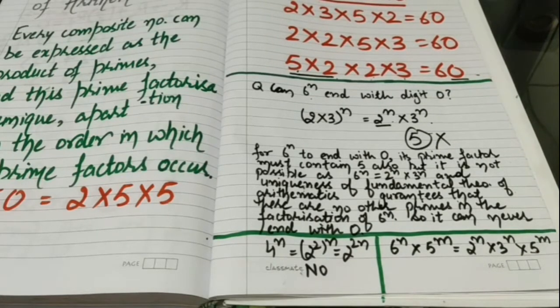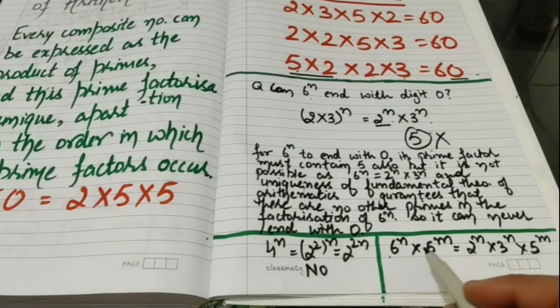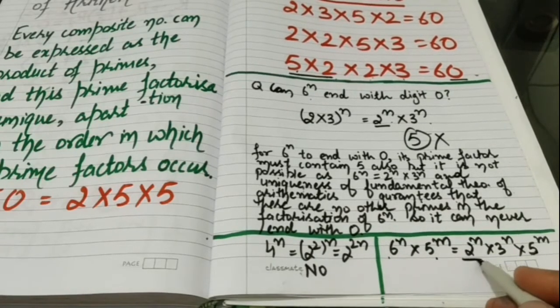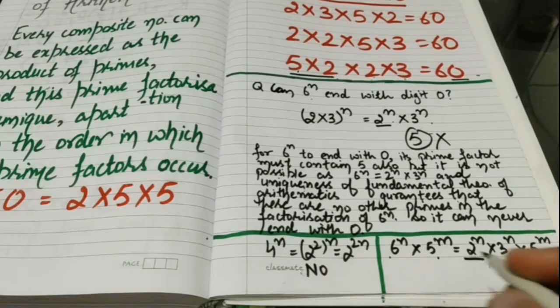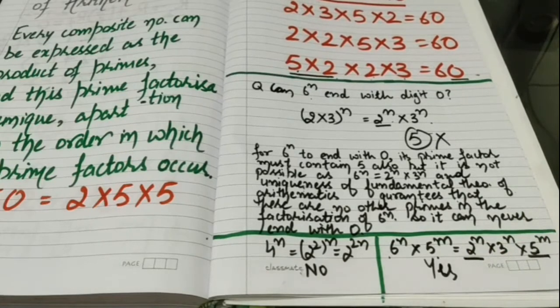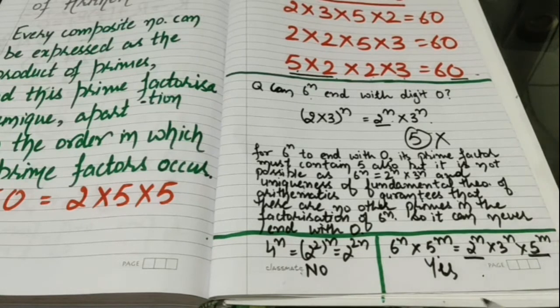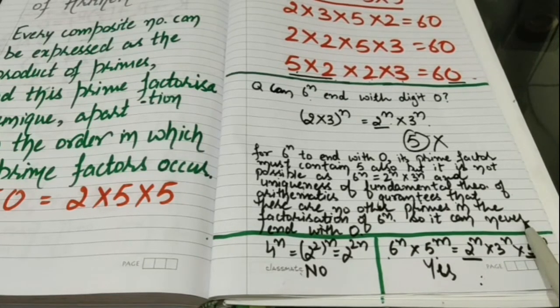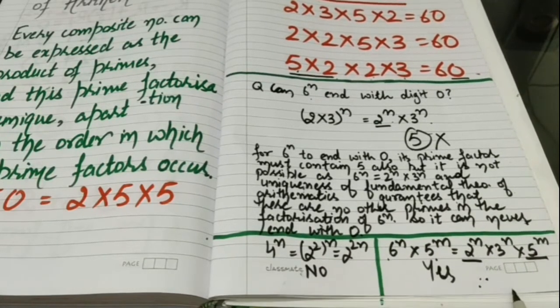Now you can see that the prime factorization of this whole number contains both 2 and 5. Since both 2 and 5 are present, yes, it can end with the digit 0. In this case we don't need to write the whole thing, we will just write yes. We write the full reasoning when it cannot end with 0.